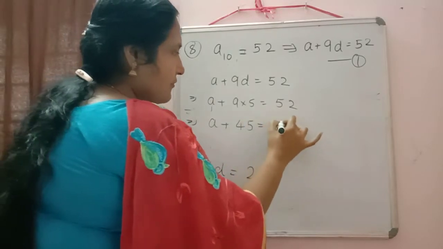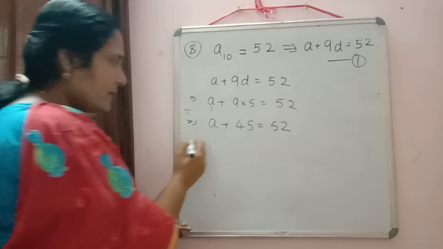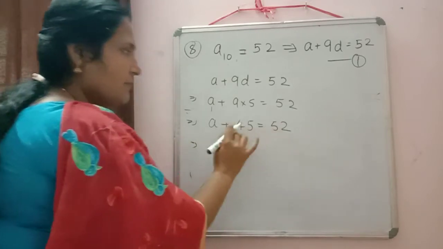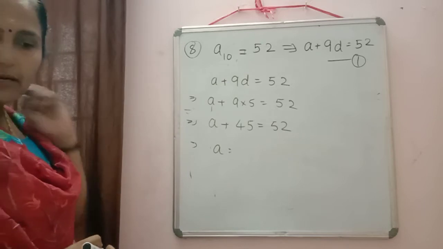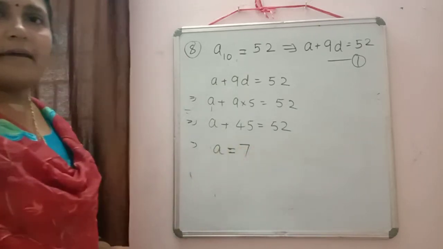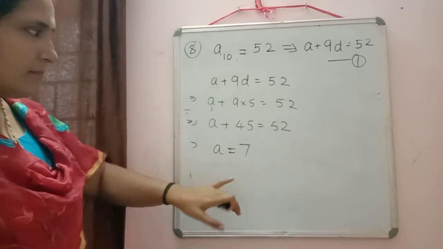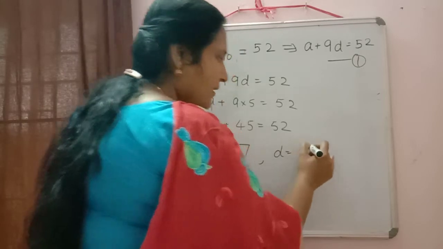Do the subtraction: a is equal to 52 minus 45, a is equal to 7. So we got our first term a as 7 and common difference d as 5.